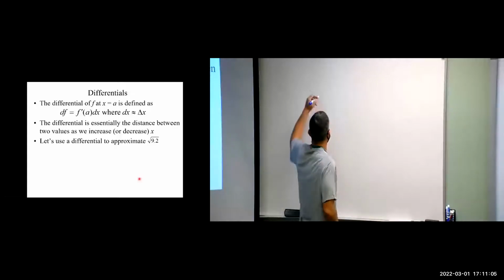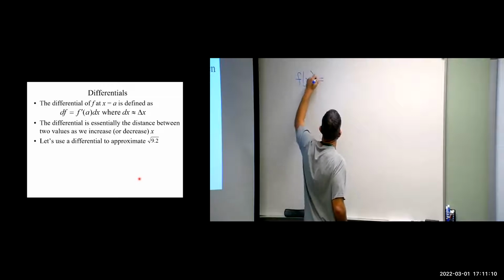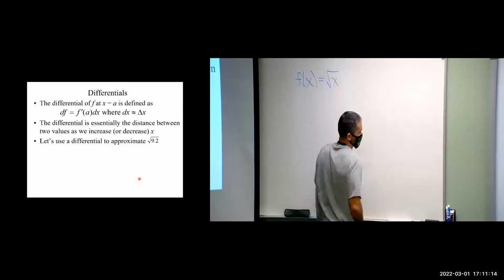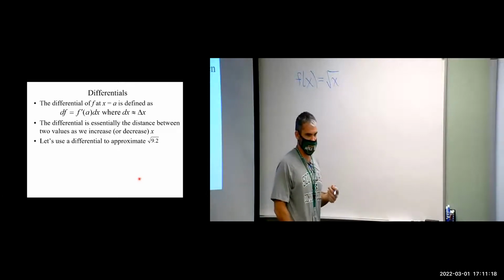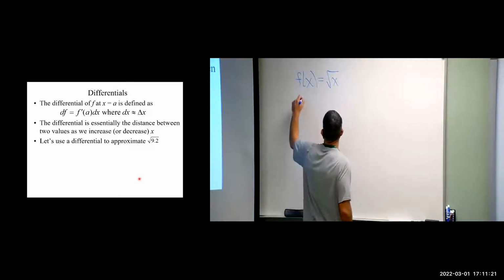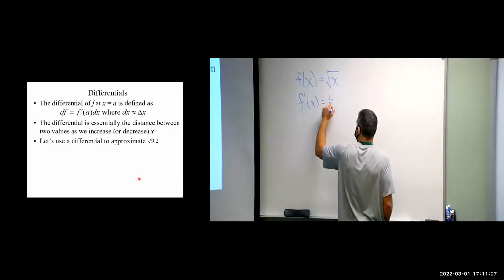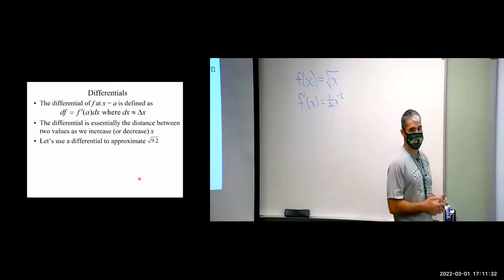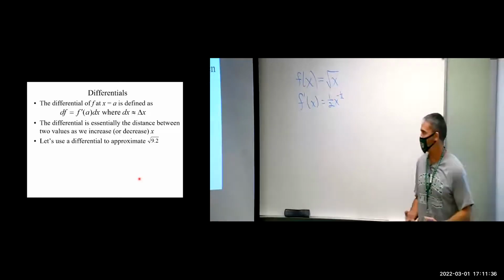All right, so in this case, we're looking at a function. We'll call it square root of x, because we're going to be putting in 9.2. This is how these things work. We locate the derivative first. So this is 1/2 x to the minus 1/2. Instead of evaluating these at 9.2, we're going to evaluate them at 9, because 9 is a perfect square.